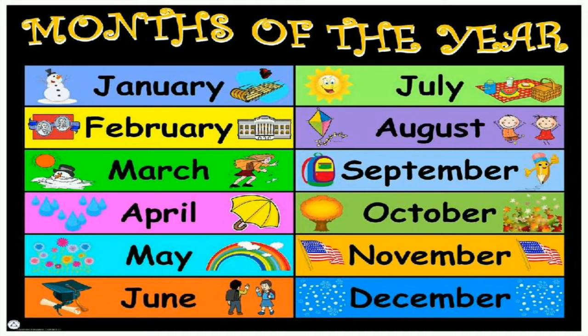There are 12 months in the year: January, February, March, April, May, June, July, August, September, October, November, and December.